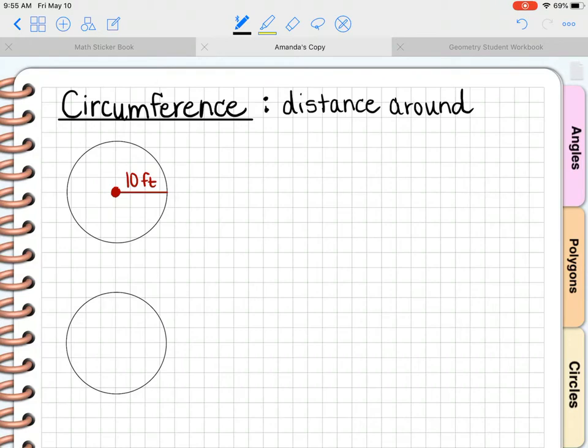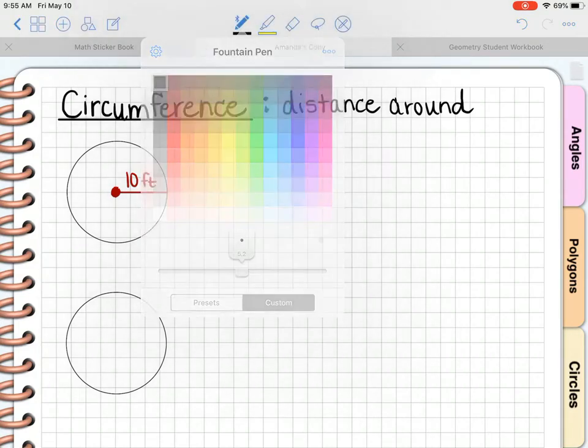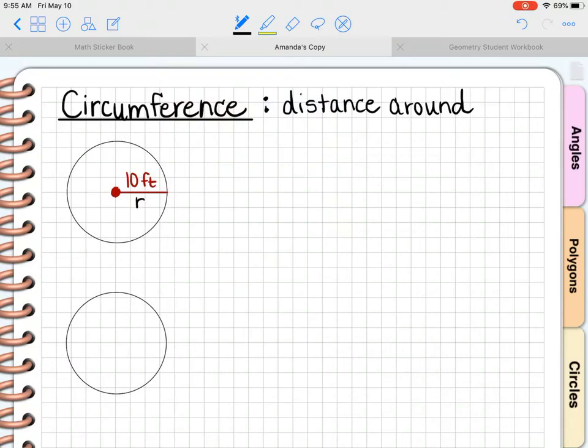Okay, in this formula, I know R. R is the radius. So the circumference formula that I will use here is circumference equals 2 pi R, because we know R. So when you fill in this formula, the distance around the circumference is 2.